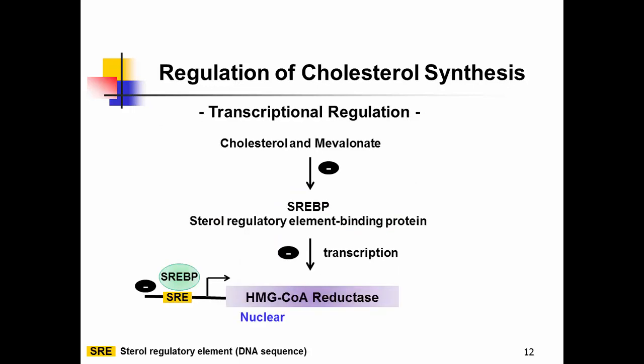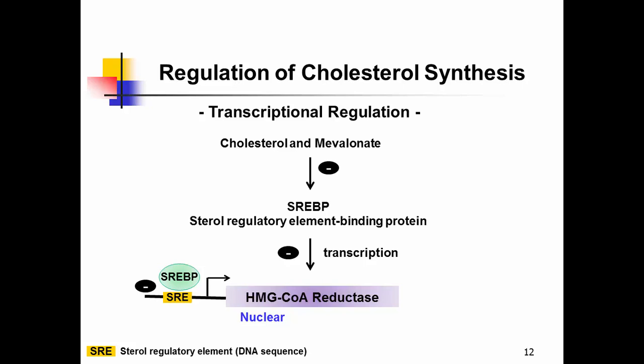If we want to go a little bit more detailed in terms of the molecular mechanism, how cholesterol or mevalonate, these two substrates, regulate HMG-CoA reductase, that involves a transcription factor called sterol regulatory element binding protein, SREBP. SREBP is a transcription factor that can control the transcription of HMG-CoA reductase, right?